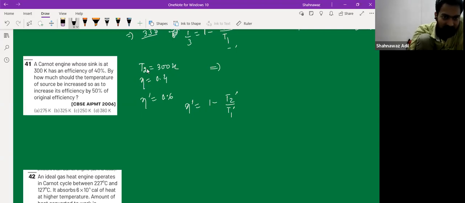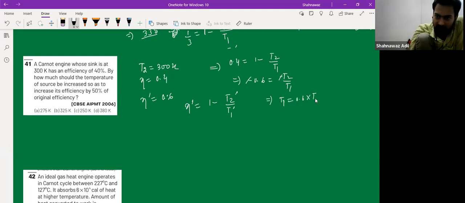So T2 is given, and 0.4 and 1 minus T2 by T1, right? So this would be how much? So this is minus 0.6 T2 by T1 minus, right? So this is T1 is 0.6 into T1.